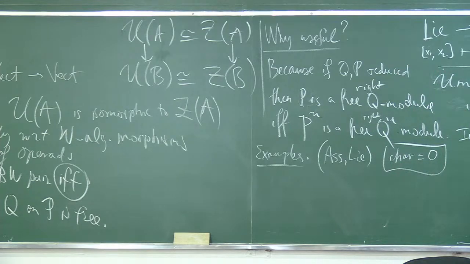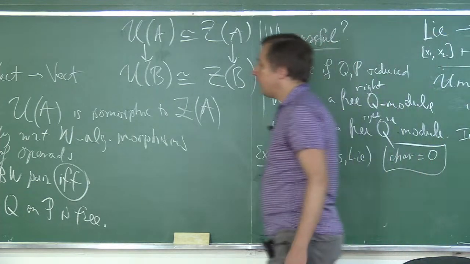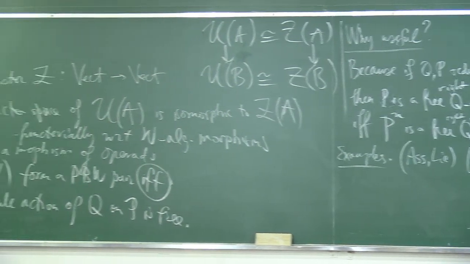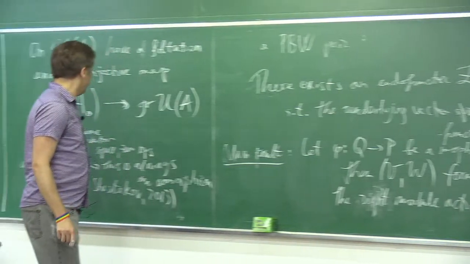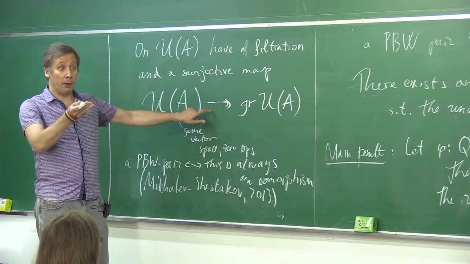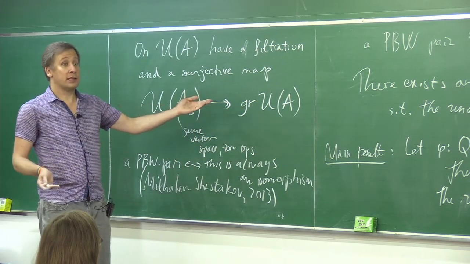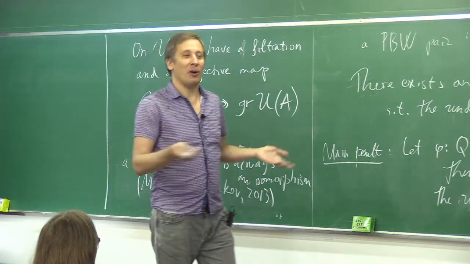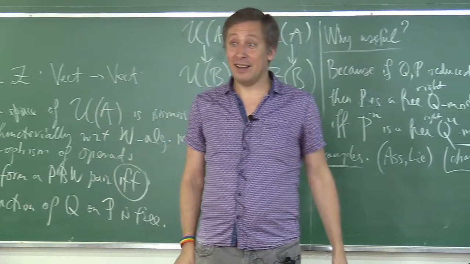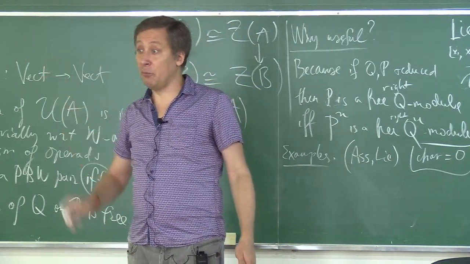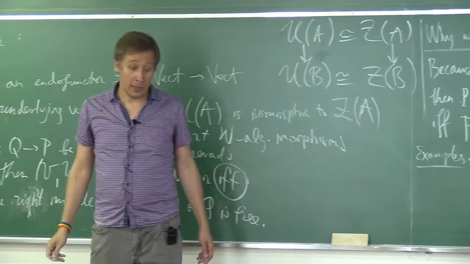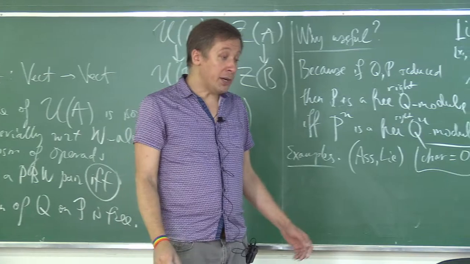And in positive characteristic, on the contrary, you find that the corresponding thing is not a free module, which tells you that even though in the context proposed in the paper of Mikhailov and Shestakov the criterion works, in positive characteristic the associated graded is isomorphic to the universal analog of multiplication.